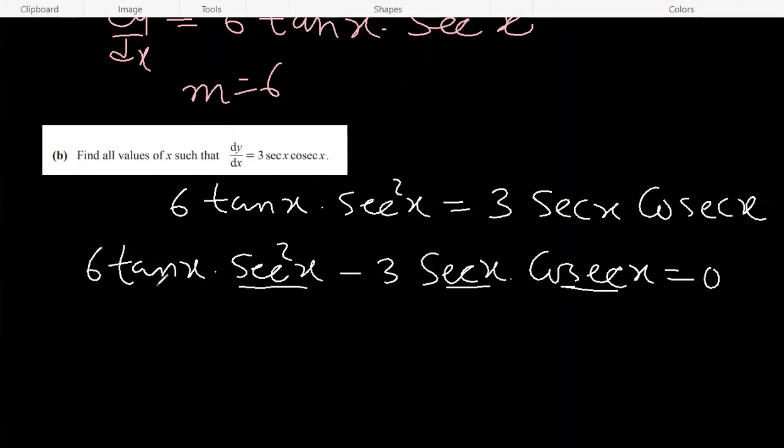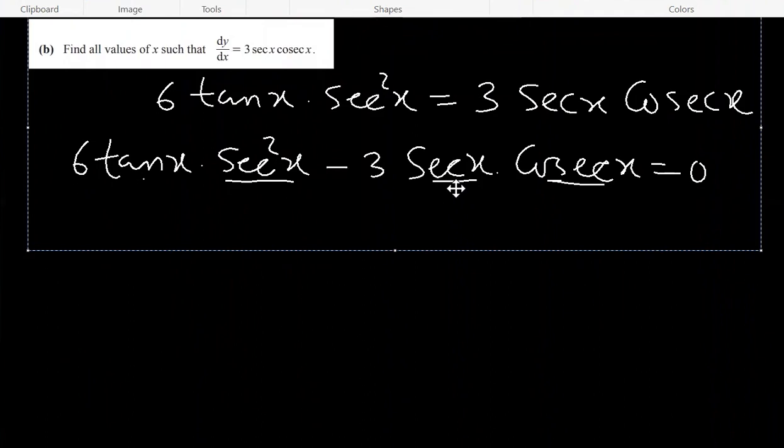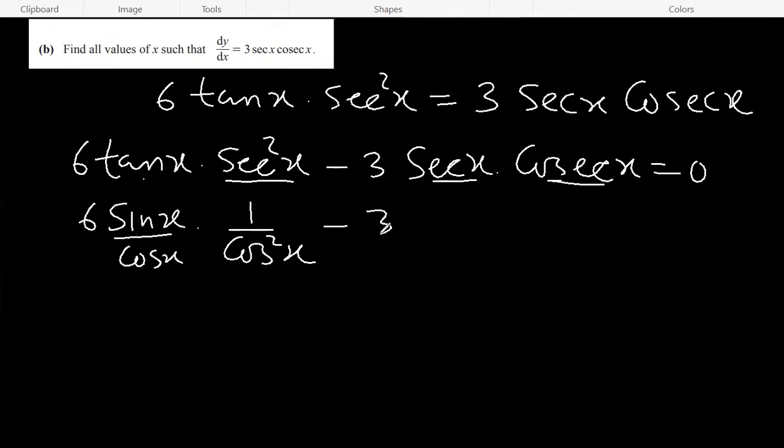So let's convert everything to sine and cos so that we get a combination of sine and cos. So let's do it. 6 sine x over cos x, and this will be 1 over cos squared x, minus 1 over cos x, 1 over sine x, equal to 0.